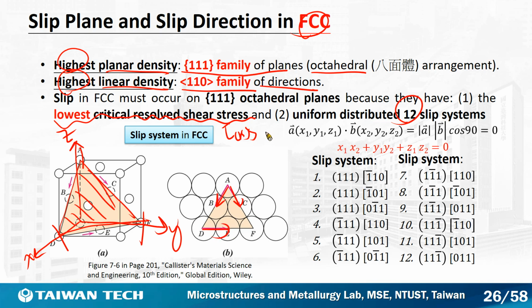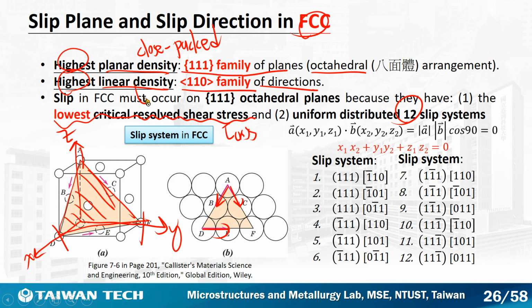And for FCC metals, the highest planar density one is the close-packed plane. And this one is also the close-packed directions.